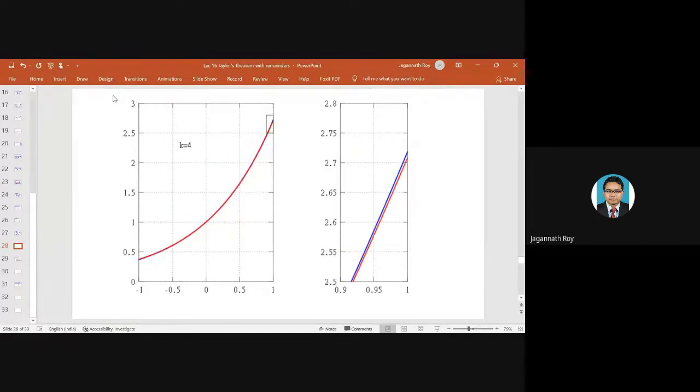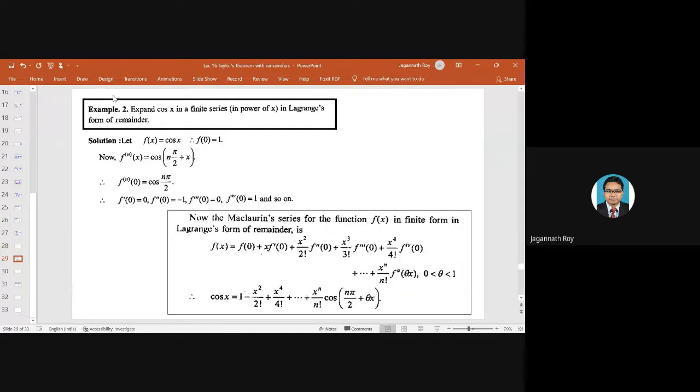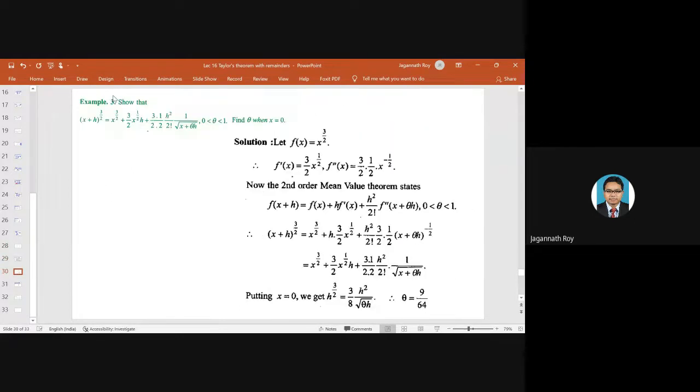Now look at that. As k varies, k equals 1, 2, 3, 4, 5, 6, 7, these two curves are actually matching each other. The gap is becoming 0. So I would recommend you to verify. If you can verify this, then you will understand. A practice problem will also be there.